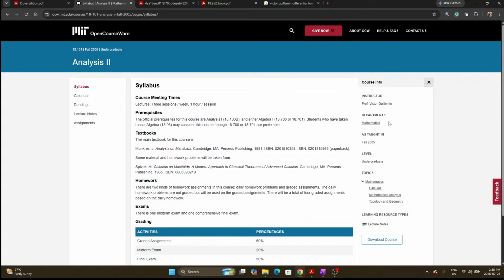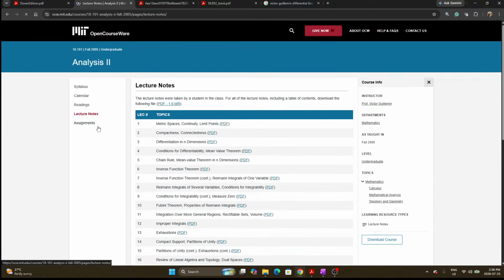It's taught by Professor Victor Guillemin. Apologies if I'm mispronouncing his name, but this is a gold mine for rigorous multivariable calculus, including vector calculus. The textbooks are Spivak's Calculus on Manifolds as well as Munkres's Analysis on Manifolds.